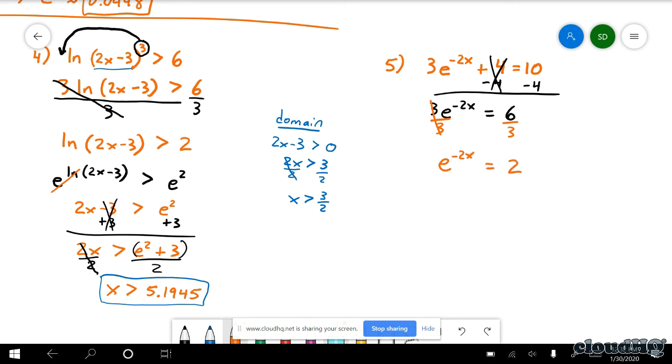At that point, we have e to the negative 2x is equal to 2. To solve this, it is exponential, so what are we going to do? Yeah, so we're going to log it. And I'd like to get rid of the base number of e. So if I'm going to log with the base of e, that's actually ln. So I just write ln in front of the left side and write ln in front of the right side.